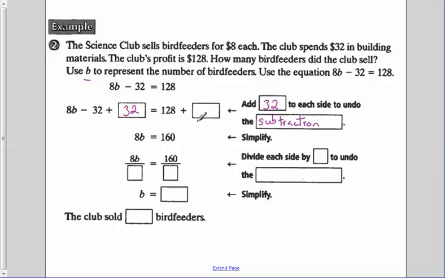And whatever I do to one side, I do to the other. And so 128 plus 32, I get 160. Now I'm left with 8b equals 160. I see multiplication, so that means I do the opposite, and now I divide. I'm going to divide each side by 8 to undo the multiplication.